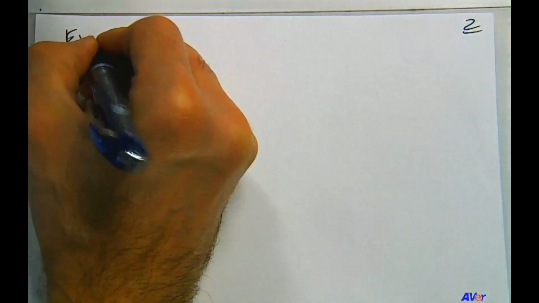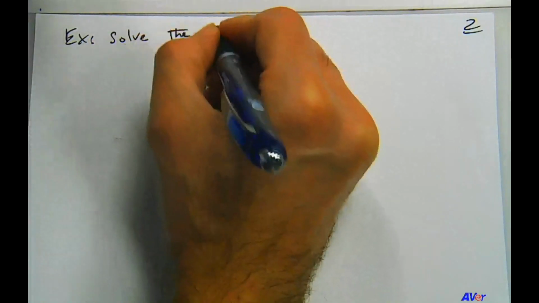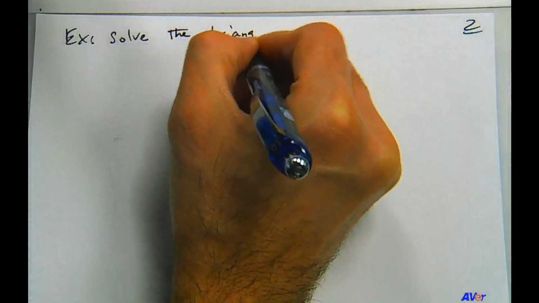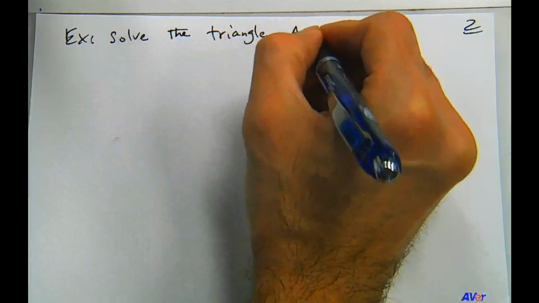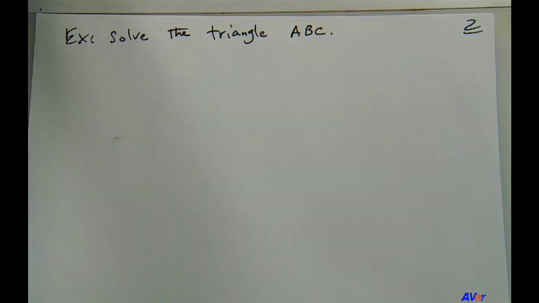In this example, we want to solve the triangle ABC. Previously, last time, we talked about what this means, right? When we say solve a triangle, we mean find the measure of all of its angles and all three of its sides.